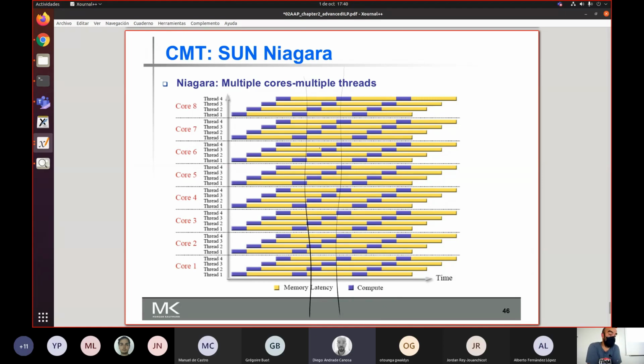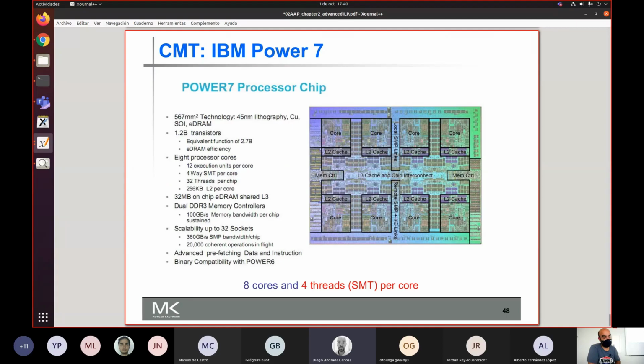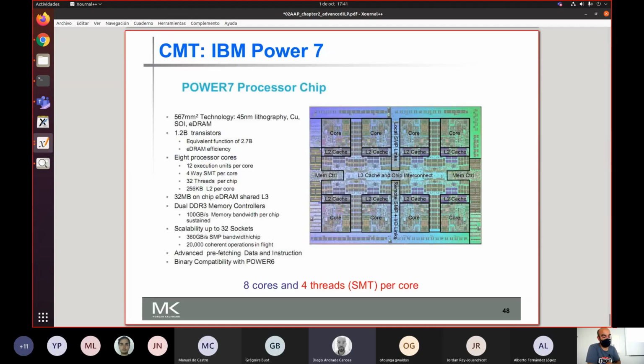This is the Power 6, an evolution of Power 5. You can see how it evolved from Power 4, Power 5, Power 6, and this will be Power 7. The evolution is that you put an increasing number of cores.